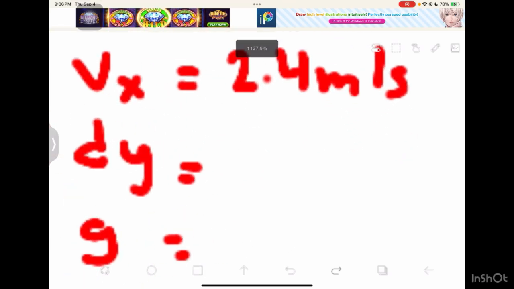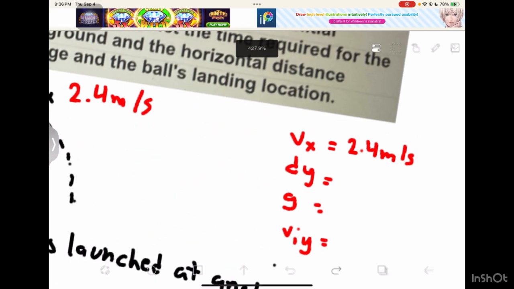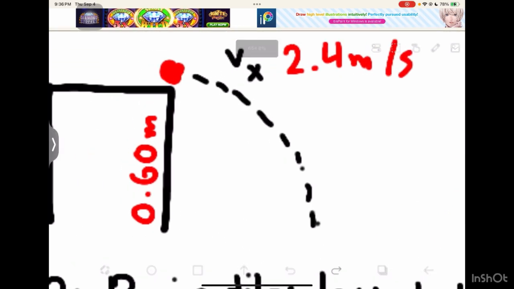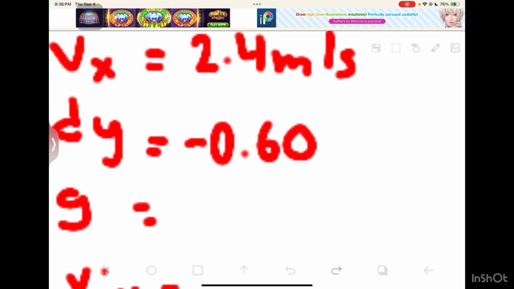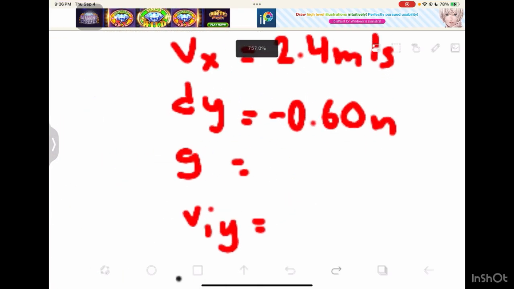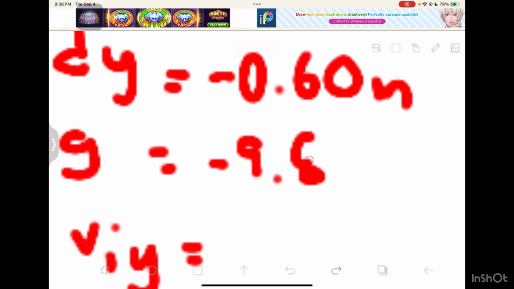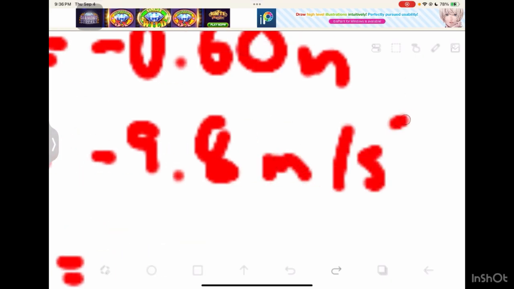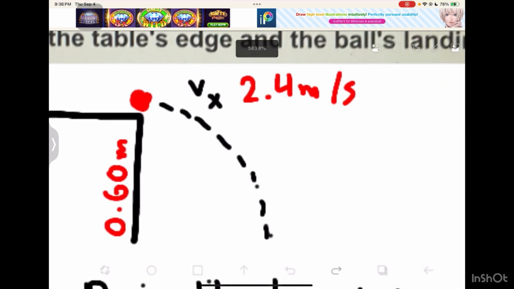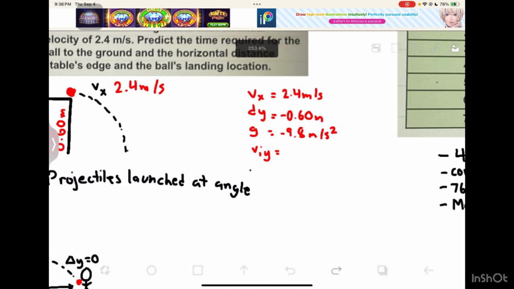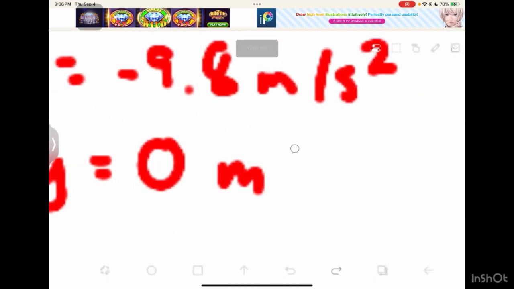We have d sub y, since it's going south, right? The displacement is actually negative, so negative 0.60 meters. The g is obviously always 9.8 meters per second squared. And the v sub initial y is, since it's not yet doing anything, 0 meters per second.